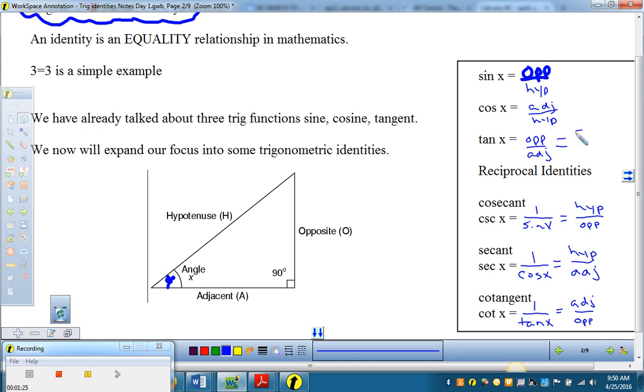So tangent is sine over cosine. So on a unit circle, remember that the y value, when we had a point here, was the sine and the x value was the cosine. So if we're doing y over x to get tangent, that's sine over cosine. All right, well then cotangent would be what? Cosine over sine.